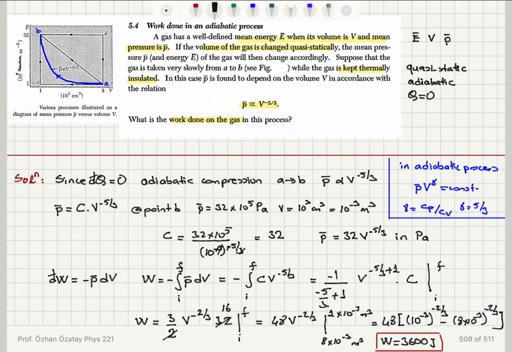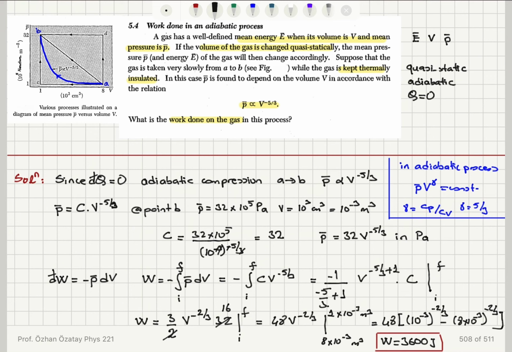The volume is 10 to 3 centimeter cube, which is 10 to minus 3 meter cube, which shows me that C should be equal to 32. So it is C times V to minus 5 over 3, and C should be equal to 32. So P bar is 32 V to minus 5 over 3 in pascals.